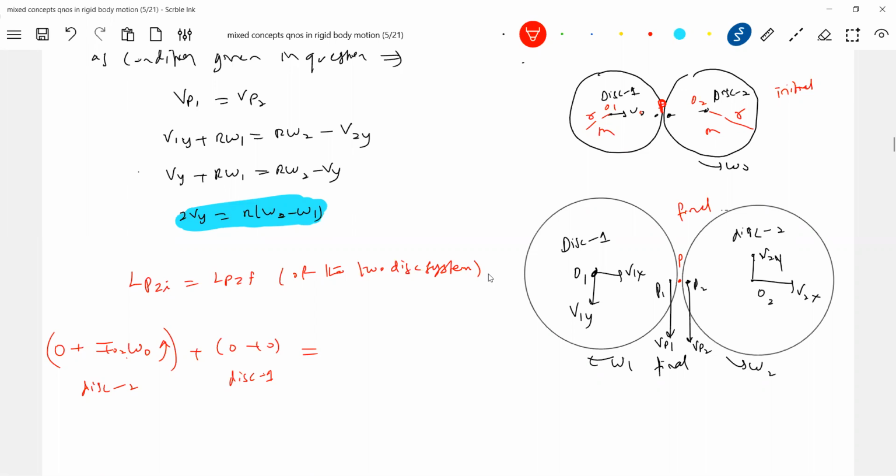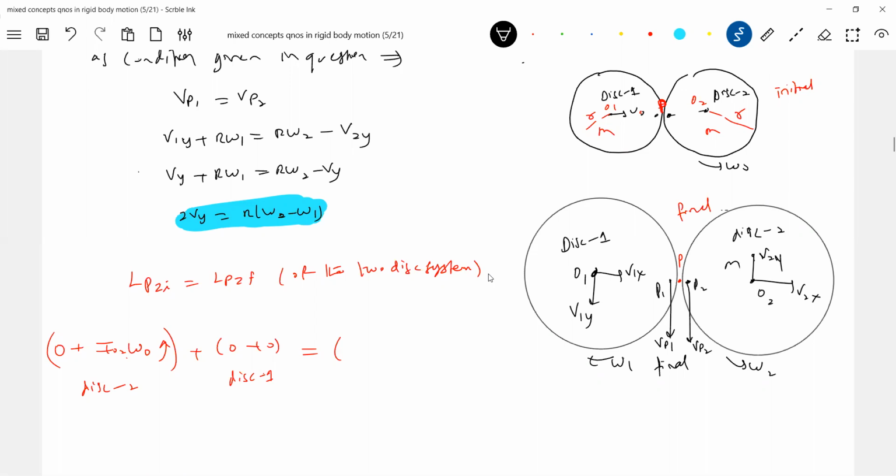Finally, let's write the equation. What's happening to this disk 2? It is having translatory motion. Is it having any translatory motion? Yes, due to V2y. So how much should it be? Minus M V2y, shall I write, or plus M V2y? Minus M V2y.